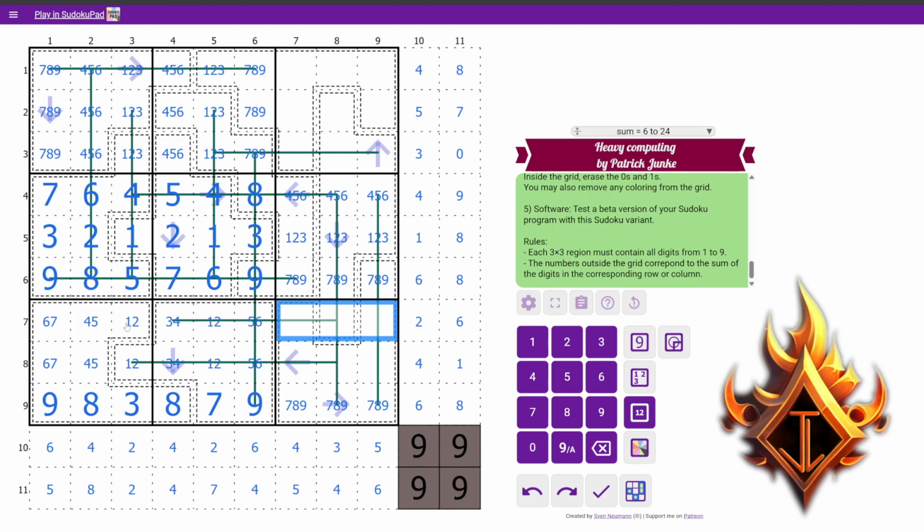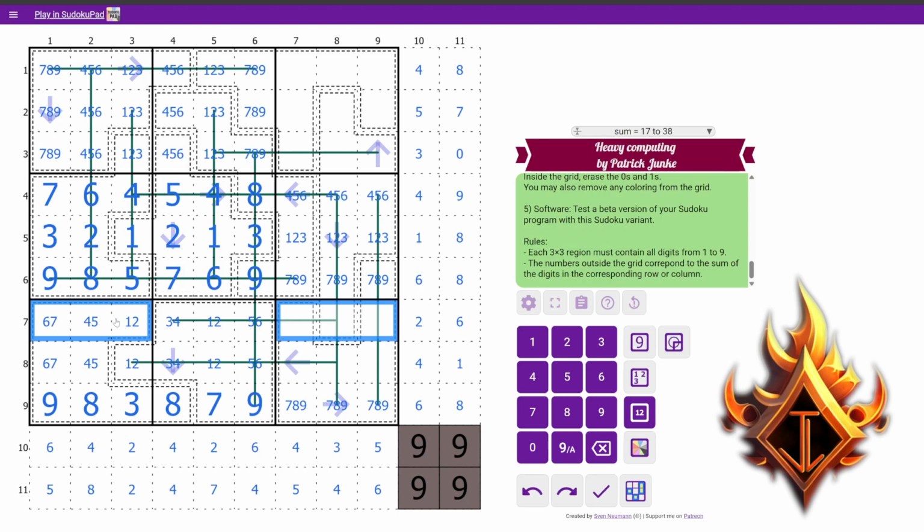If this was minimum, that's 17, and then we need 9, which is minimum. 1, 2, 3 is 6. 6, 10, 11 is the minimum we can get there.